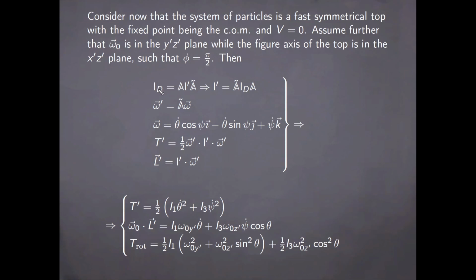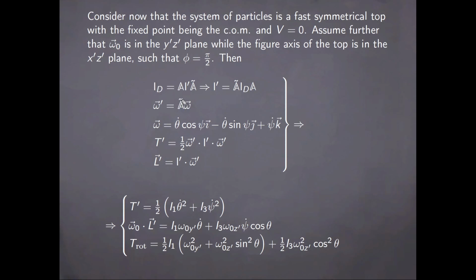So if we invert this equation, we obtain the primed form of the inertia tensor in terms of the diagonal form, and then the components of the angular velocity of the body as seen in the rotating frame of the Earth will follow from an orthogonal transformation of the angular velocity as seen in the body frame.